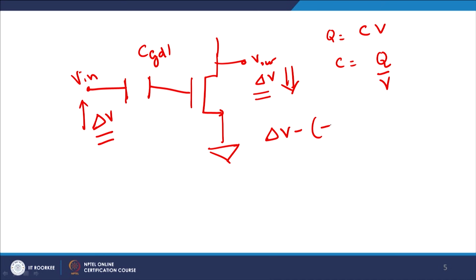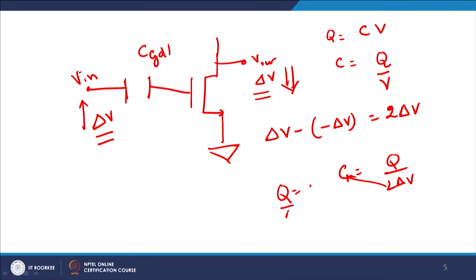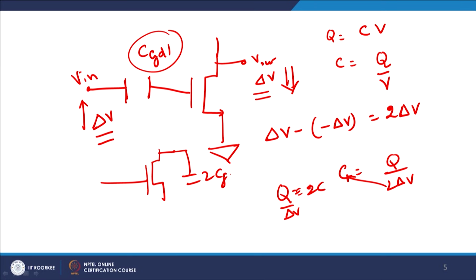Net change is delta V minus of minus delta V, which is 2 times delta V, therefore C equals Q by 2 times delta V. Looking from the other side, Q by delta V is equal to twice C, which means that looking from the output side, the capacitance which was CGD1 here will now become 2 CGD1. This is what you will get at V out here. This is known as the Miller capacitance.